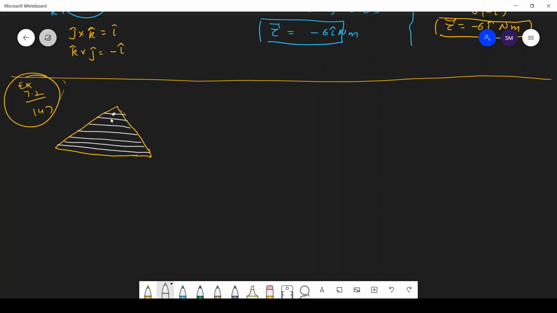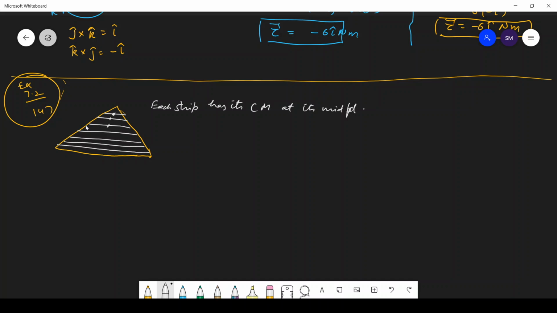So where is the center of mass of the next strip? Middle. So each strip has its center of mass at its midpoint. Agree or not?